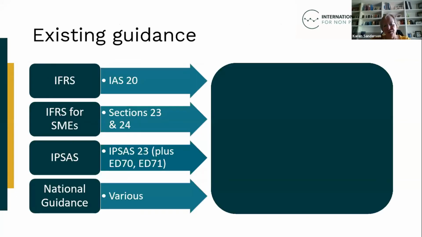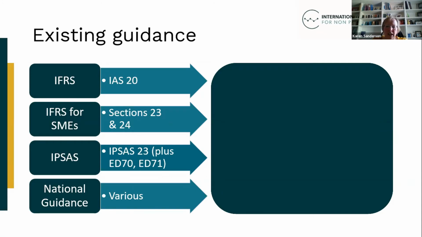So let's move to look at the existing guidance that's there before getting into what that means for the alternatives. So Issue Paper 3, which we're going to look at first, has 4 alternatives on the treatment of non-exchange revenue. And these are based on different international frameworks. Currently, international guidance on the recognition and measurement of non-exchange revenue is mainly in the following standards.